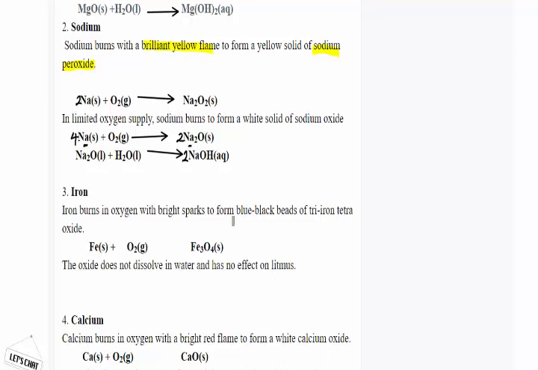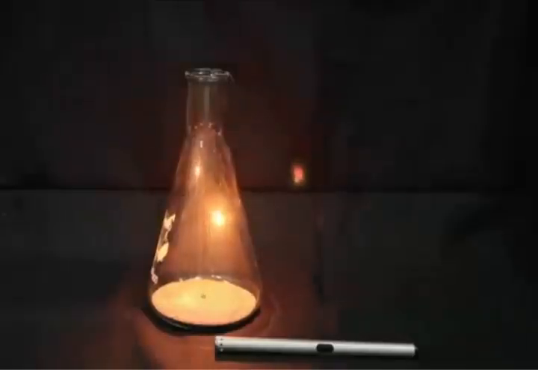Let's proceed to iron. Iron burns in oxygen with bright sparks to form blue-black beads of tri-iron tetraoxide. Iron is a brown solid.